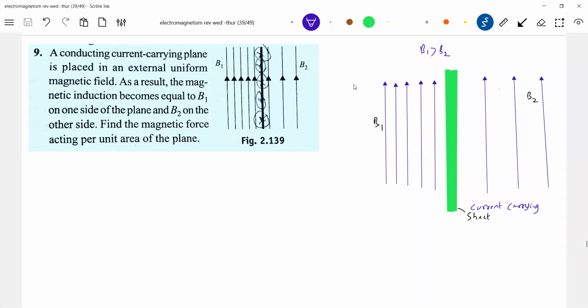So shall we assume current into the plane? Okay, there's a sheet. Just draw a small diagram. Wait, I'll construct the diagram.